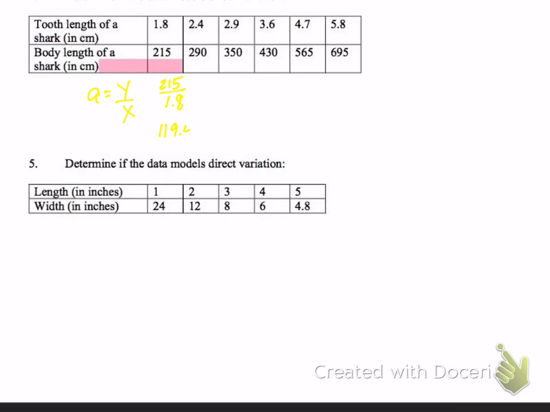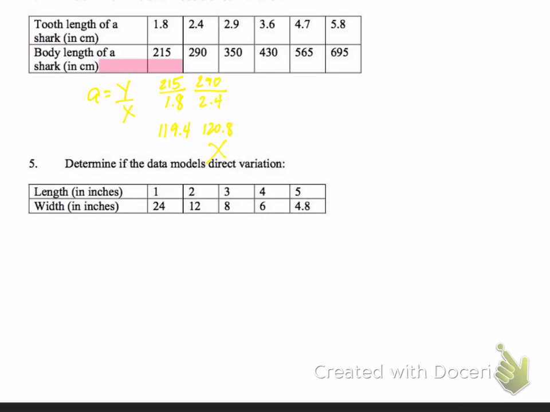119.4. Okay, so 119.4. I'm going to do the next one, and I need to get 119.4 in order for it to be a direct variation. So I'm going to take 290 over 2.4. Something tells me it may not be the same. 120.8. Okay, so automatically not the same.